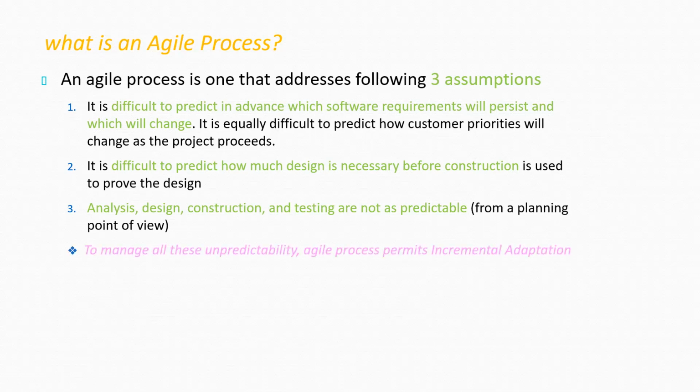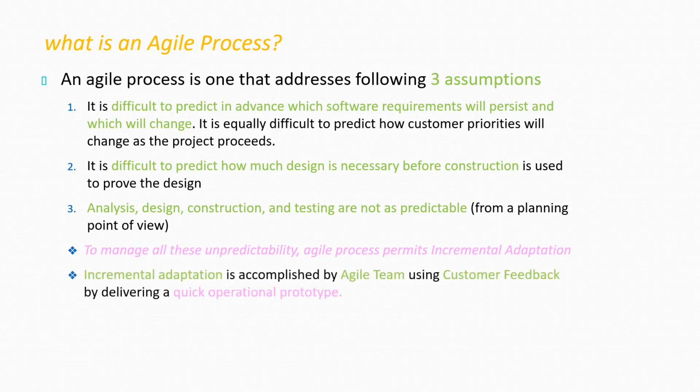To manage all this unpredictability, the agile process permits incremental adoption. What is this incremental adoption? It is nothing but customer feedback. By delivering a quick operational prototype regularly and frequently, you will be getting the customer feedback.